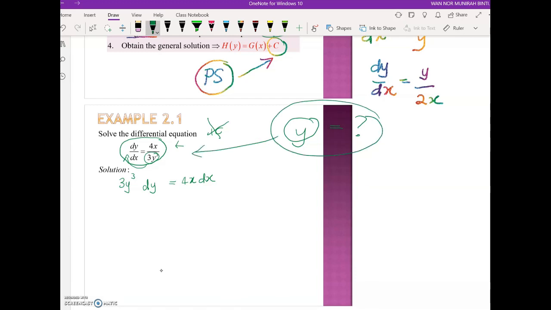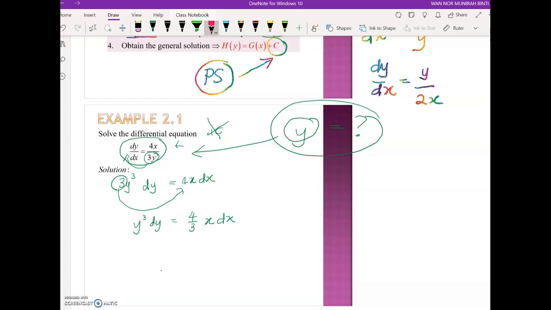I don't like to put any constant in front of my variable y, so I just bring 3 over here. Or if you want to remain 3 on your left, it's also okay. So now I have y cubed dy equals 4 over 3 x dx. I already rearranged this equation.